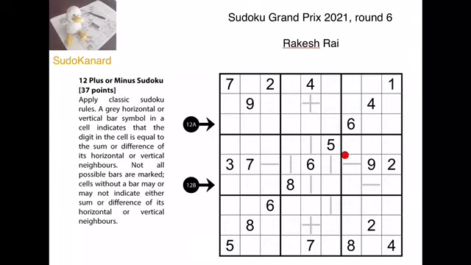So every time you have such a bar, it means that this digit here is either the sum or the difference of the two neighboring digits in the direction of the bar. And when you have two bars, it means that this rule applies both vertically and horizontally.